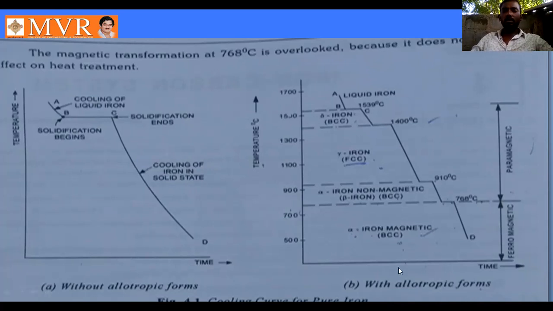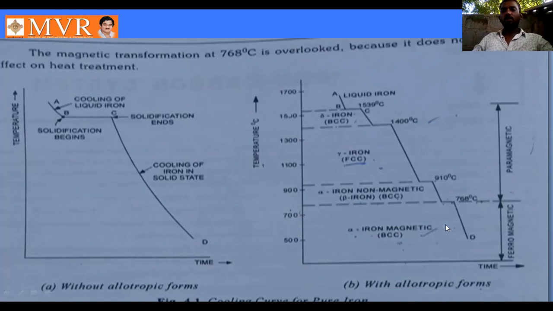Now coming to the diagram with allotropic form, we have the heat treatment process. We can observe temperatures 500, 700, 900, 1100, 1300, 1560.